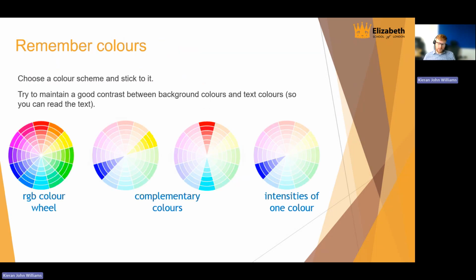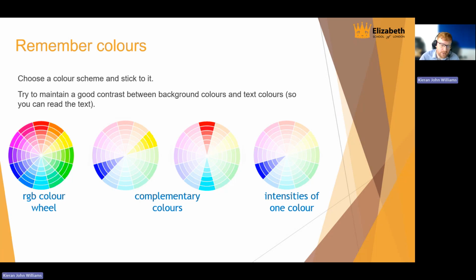Other things to think about there. Make sure that when you are planning your poster or even when you're designing it, you remember to include some colors which are complementary and which are easy to read, because there are some color combinations that don't really work when you put them together.